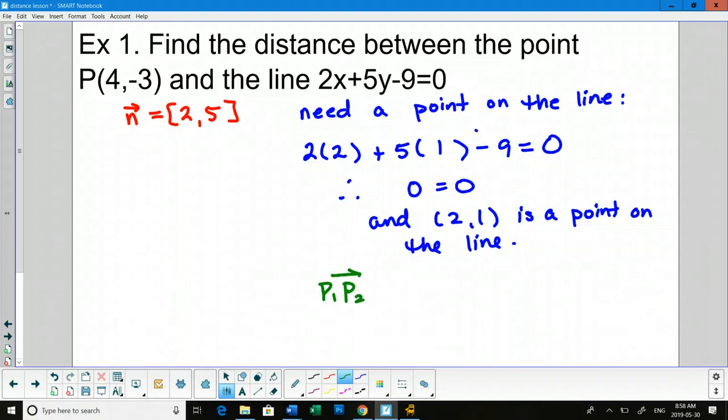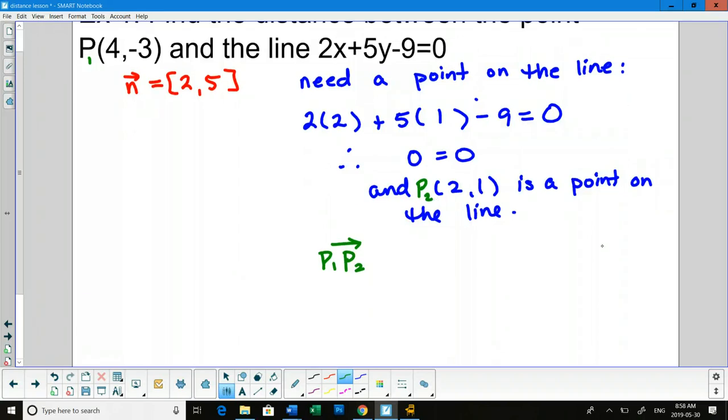It doesn't matter the order in which you do this. The point I'm given, I'll make P1, and the point I just found, I'll make P2. So I'll do the P2 components minus the P1 components, meaning I'm getting the vector -2, 4.